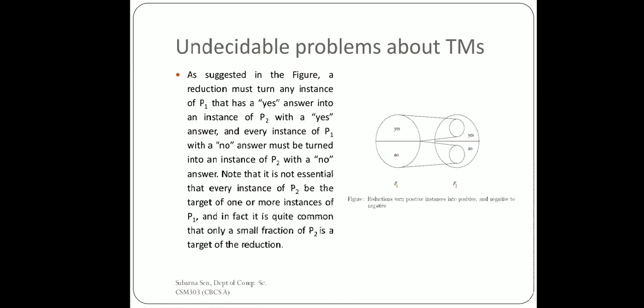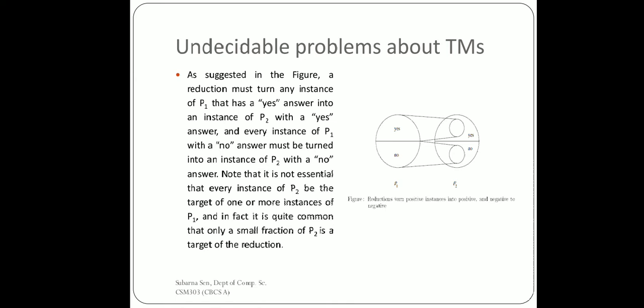If you are given a problem about Turing machines and you have to prove that it is undecidable, and you have priorly proved some problems of Turing machines to be undecidable, then for any new problem you can map that new problem to some existing undecidable property of Turing machines, and you will be able to come to the conclusion whether it is undecidable or not without reconstructing the proof for the new problem, right?